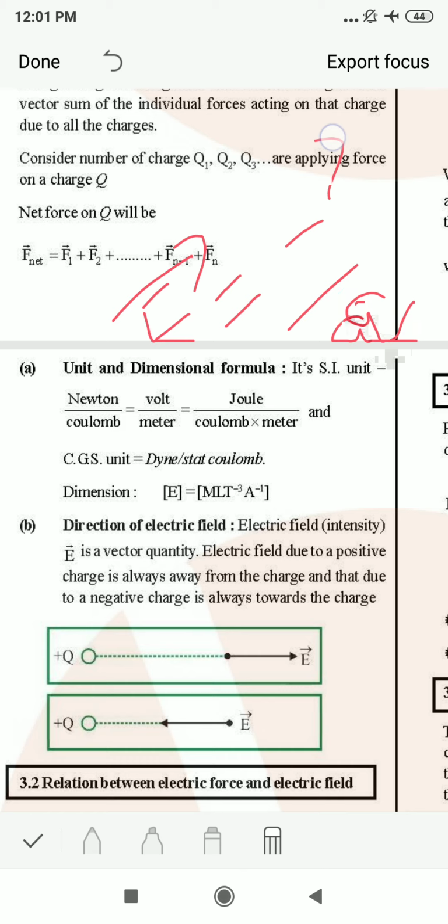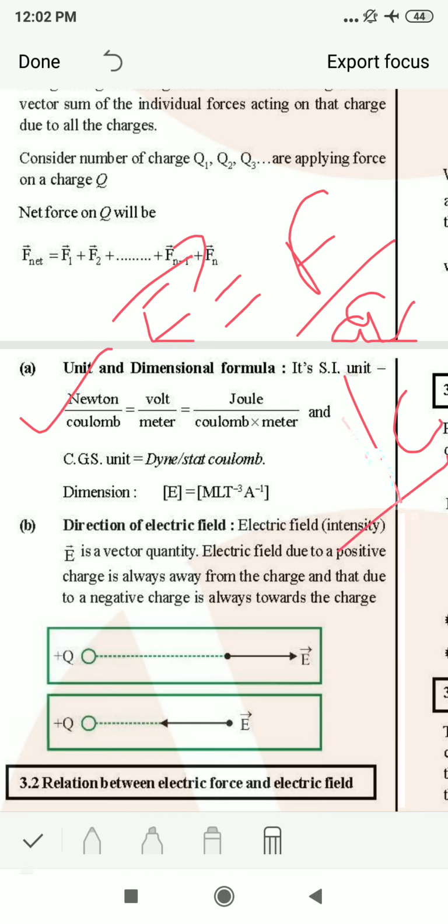We know force has a unit Newton and charge has a unit Coulomb, so its unit will be Newton per Coulomb, or you can say volt per meter, and this can be written as joule per coulomb meter. And in CGS, the unit of charge is stat coulomb, that is why it is written dyne per stat coulomb, and you know dyne is the CGS unit for force.